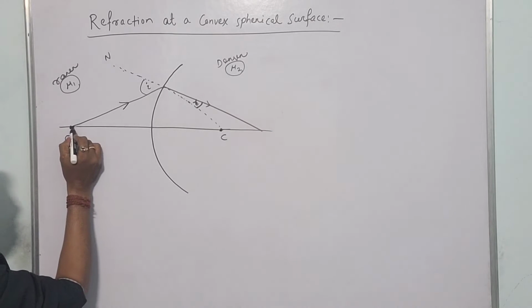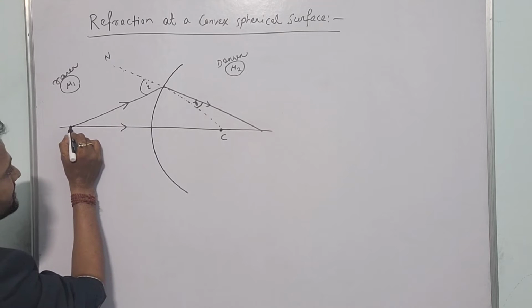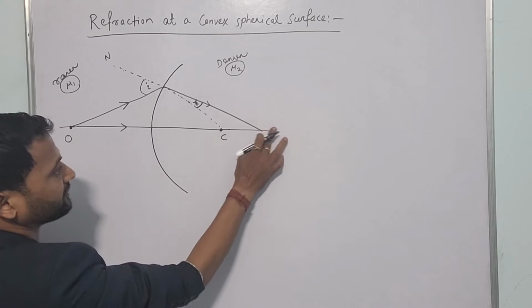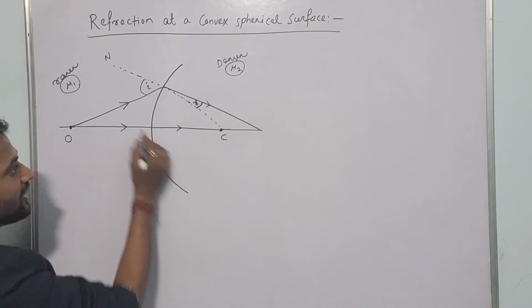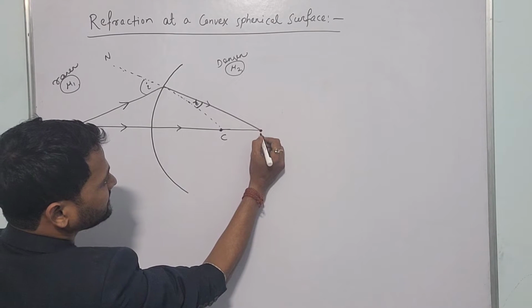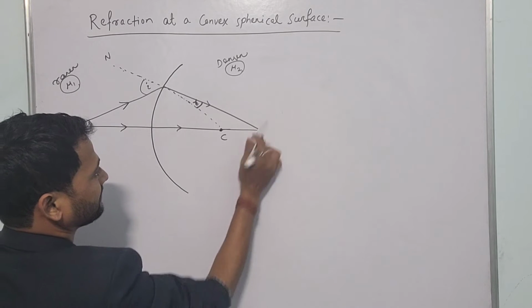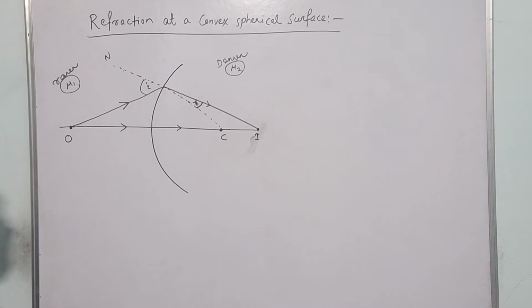Here again at the same time we can pass another ray from that point object which passes through the pole, and you know from the principle of refraction that this ray will obviously pass through the center of curvature, and both rays will meet at this point. This point is called the image point I. Is it clear?